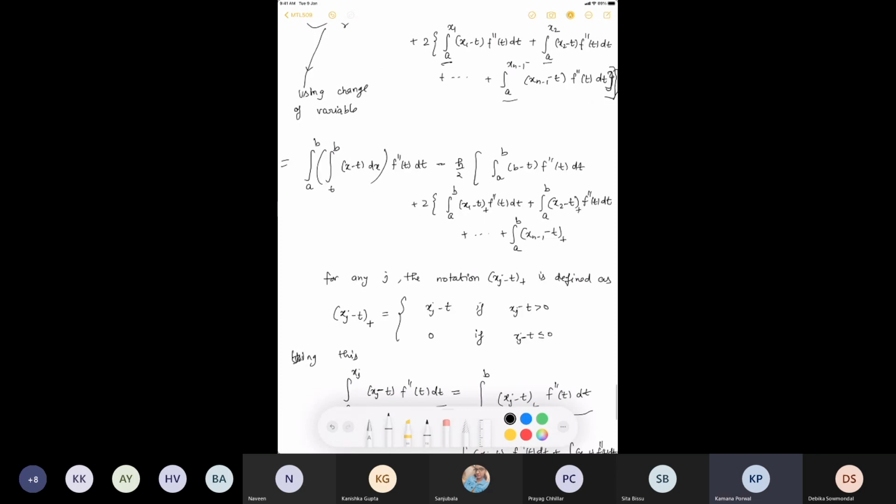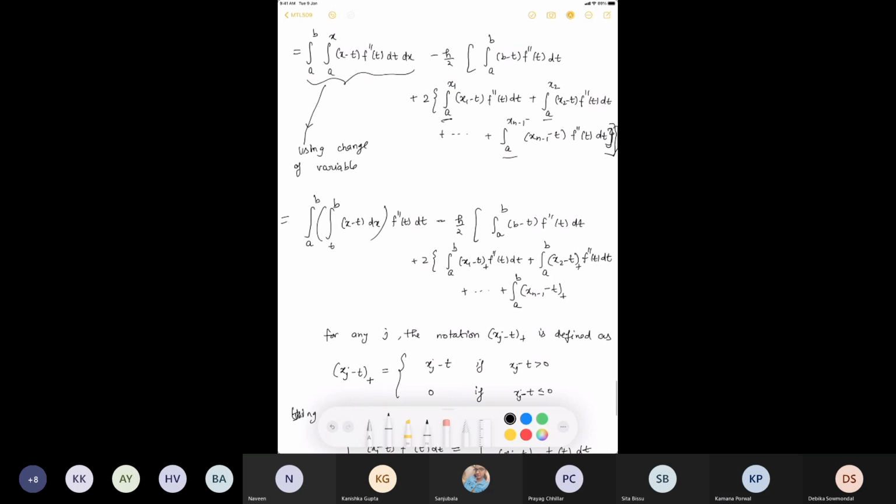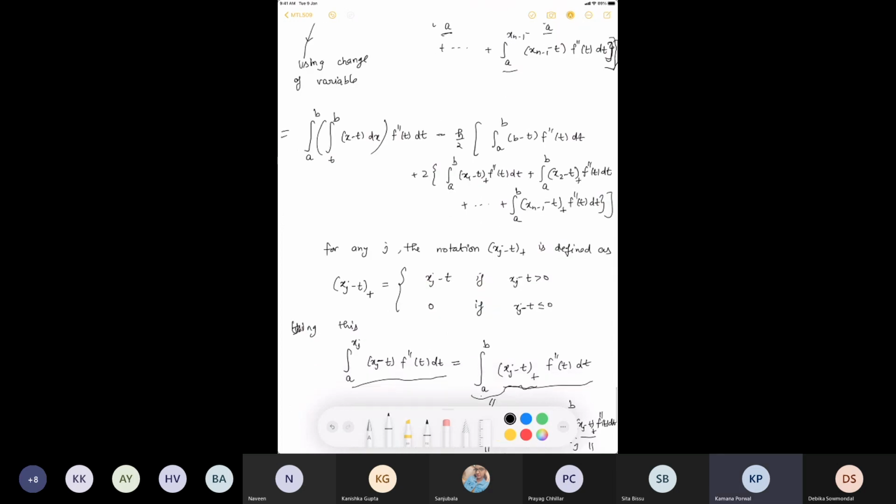There's a name for this function. It is called the positive part of a function. So this is what we get, using this notation.